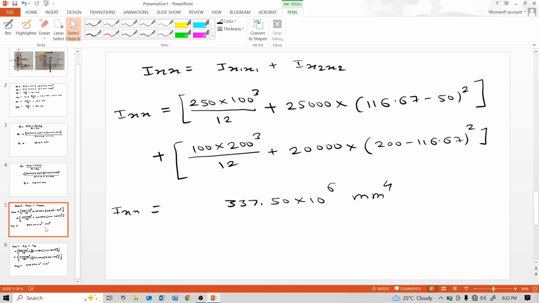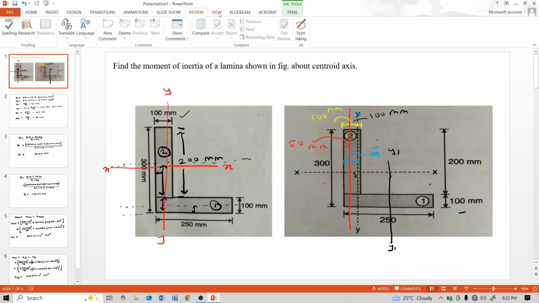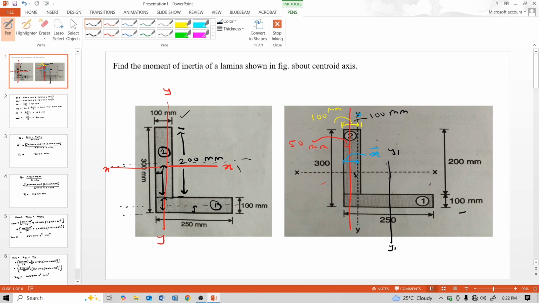Between both Ixx and Iyy, Ixx is the greater moment of inertia as compared to the y-axis. That means a load applied from this side, perpendicular to the Ixx axis, is stronger.